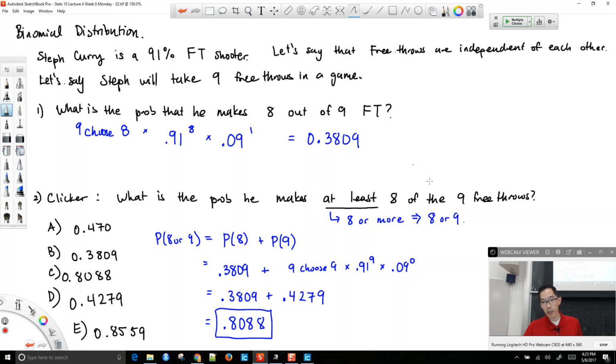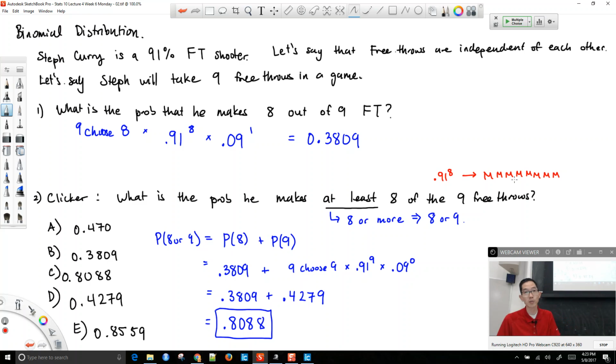Answer choice A was just 0.91 raised to the 8th. And this is not correct because this is the sequence where you make the basket 8 times. This answers only the probability of making the basket 8 times in a row, which is different from making 8 out of 9 baskets.